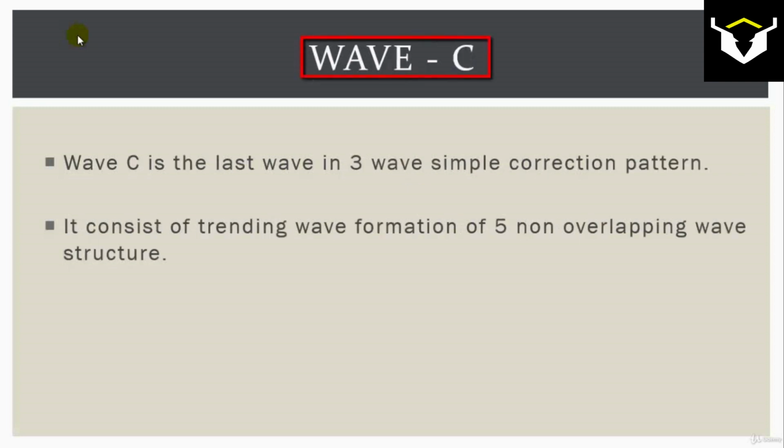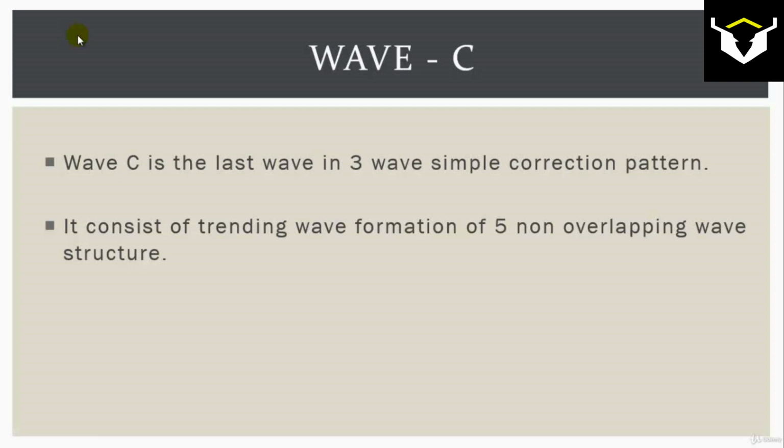Next is wave C. Wave C is the last wave in the three-wave simple correction pattern. It consists of a trending wave formation of five non-overlapping waves. Once wave B is completed with its correction, it gives way to wave C. A correction is followed by a trend, and a trend is followed by a correction.